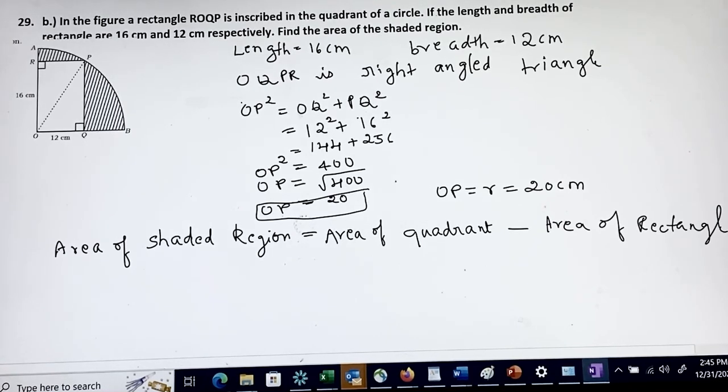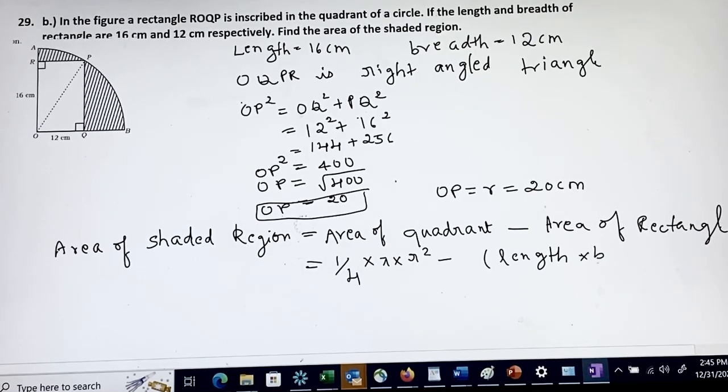Okay, so now what is the formula for the quadrant? Area of quadrant is nothing but 1 by 4 into pi r square. Okay, pi r square minus the area of the rectangle, which is nothing but length into breadth.